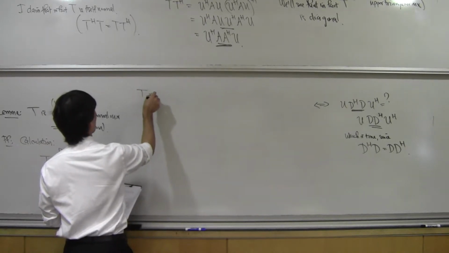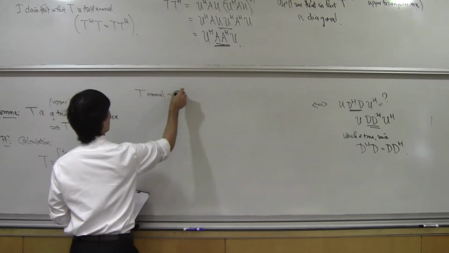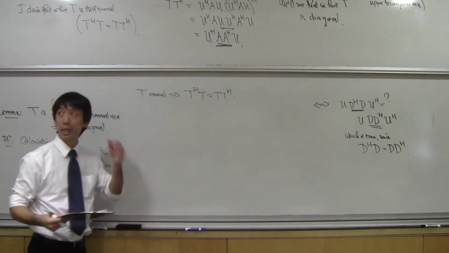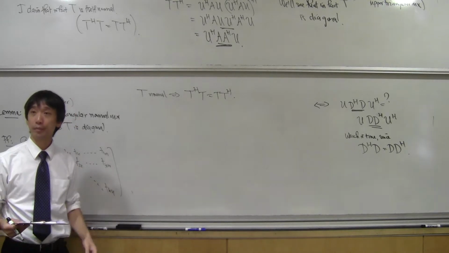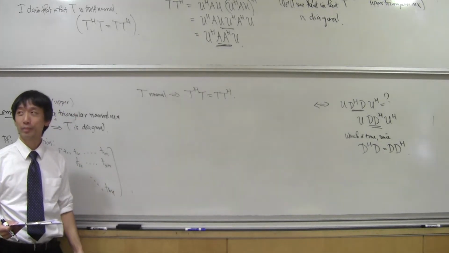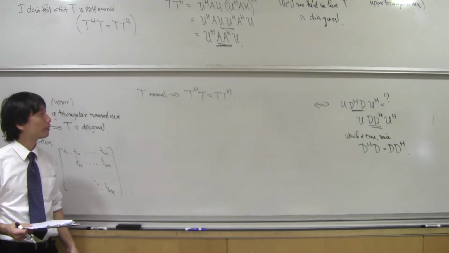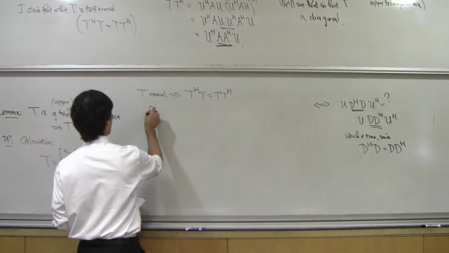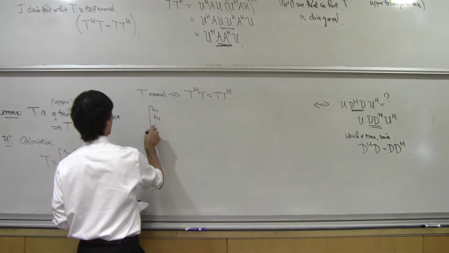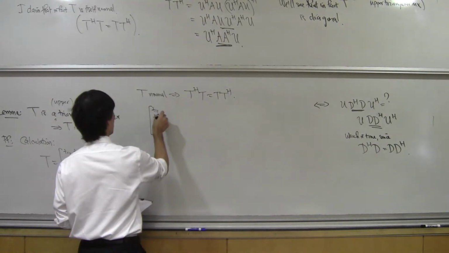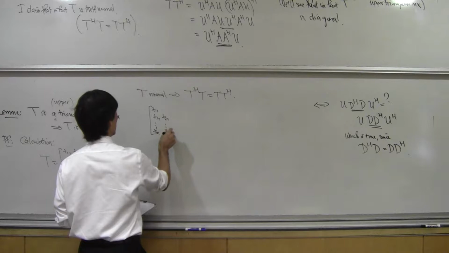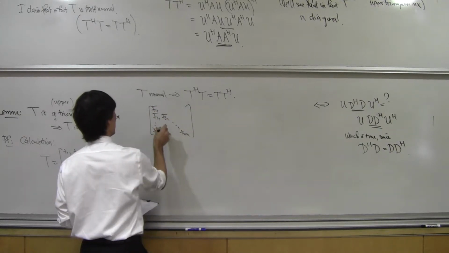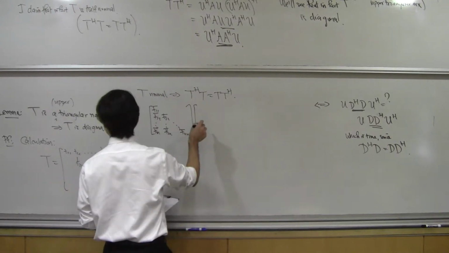T normal implies that T^H T equals T T^H. Let's write out what that says. I take the conjugate transpose: T11, T12, T1n, T22, T2n, Tnn. I take the conjugates of everybody, and I multiply that by T.